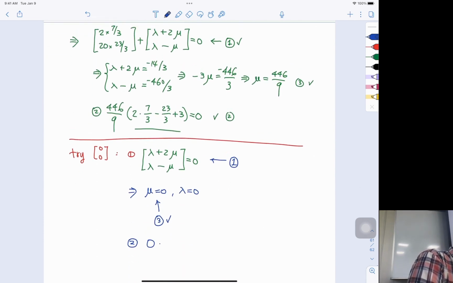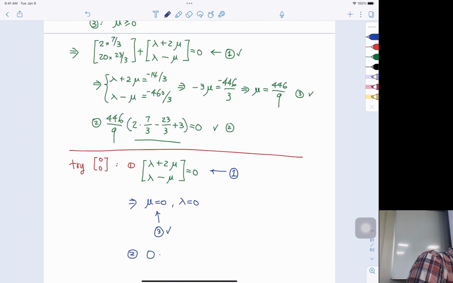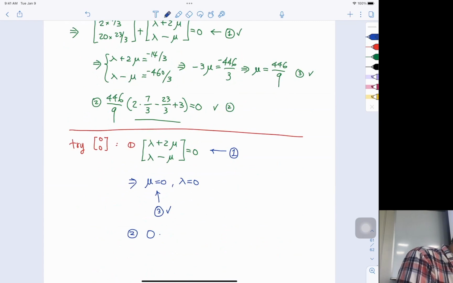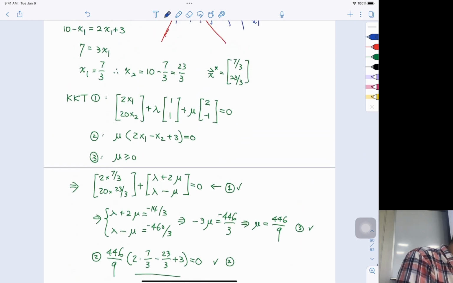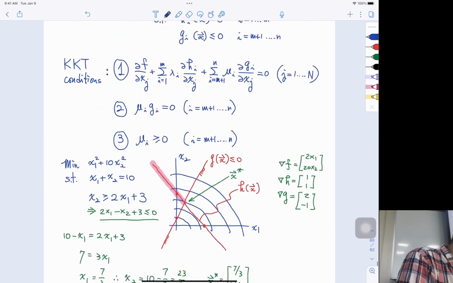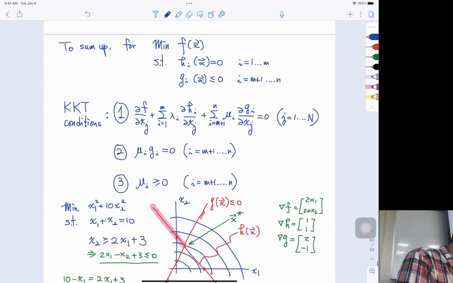I mean, I can try any point, and supposedly all other points won't satisfy the KKT condition. So I'm trying to figure out where I made a mistake. Somewhere must be wrong. Because in this case, mu and lambda are both 0, so everything becomes 0. Why does it work?